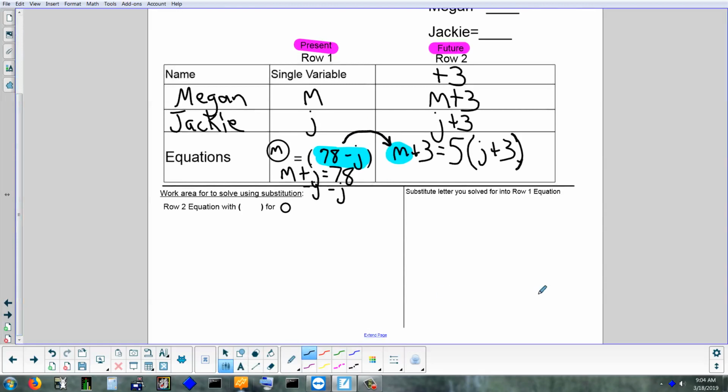Perfect. 78 minus j plus 3 equals 5 times j plus 3. Let me say it again. I'm taking whatever variable is in the circle, taking this information that's inside the parentheses, and plugging it in for this letter in the other equation. So this blue is now becoming that. Now it's all set up.